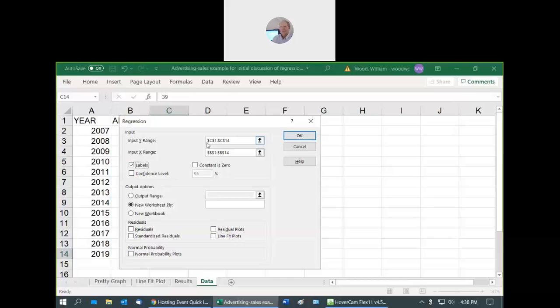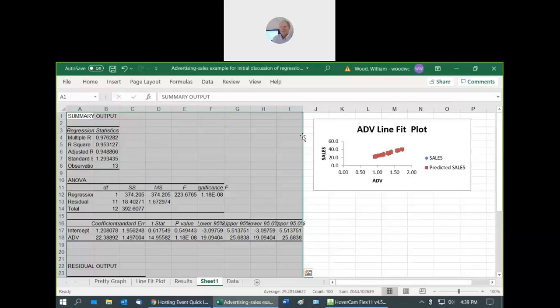If you do that and include those labels in the range and tick the labels box, then you'll get your results labeled. And then line fit plots. It's not something you have to do, but this will be a big help in doing a nice graph when everything is done. So we hit OK, and we get regression results and a line fit plot.